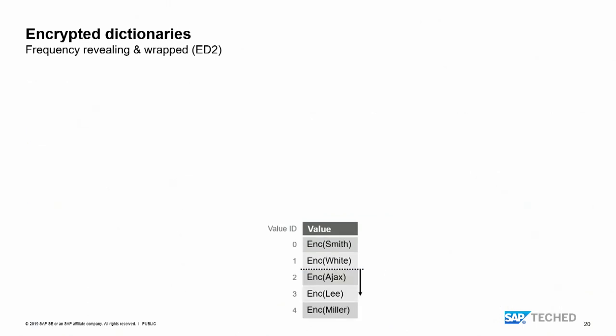OK, let's go to ED2, frequency revealing and wrapped. We want to perform the same search. And now let's think for a moment, OK, let's just do a binary search. A binary search always starts in the middle. So we know the wrapping is at 2. So at least the secure environment knows it's at 2.